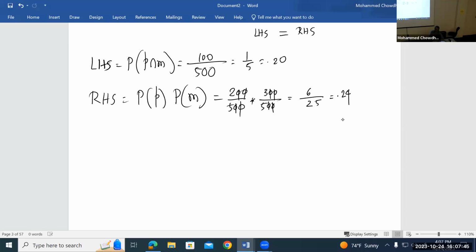Okay. Are they same? No, right? Left hand side is not equal to right hand side. Clear?